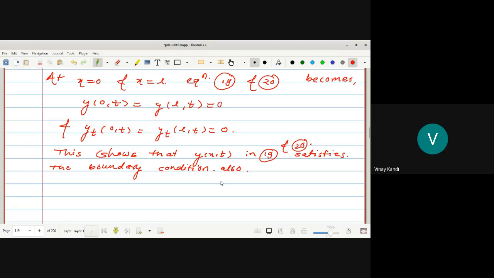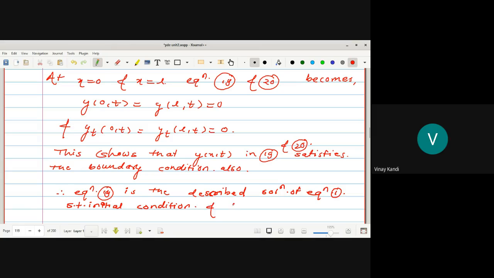Okay, also therefore equation number 19 is the described solution of equation 1 subject to the initial condition and boundary condition 2 to 5.